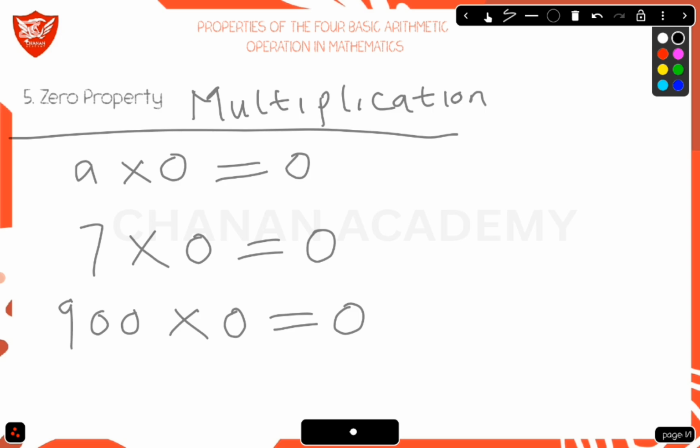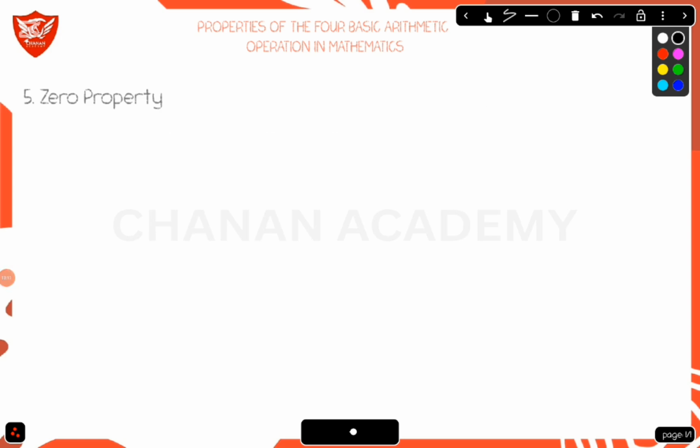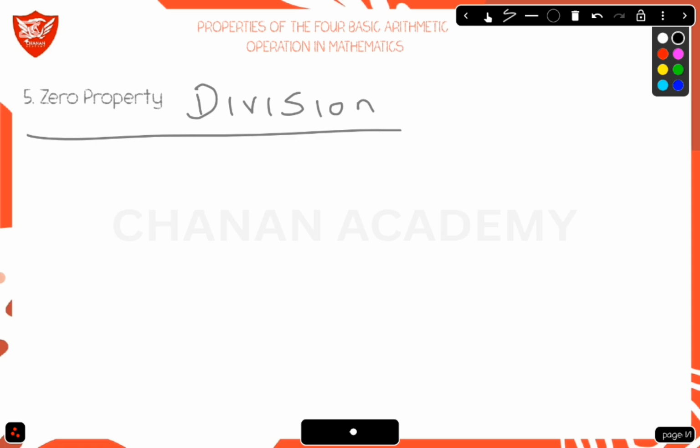Alright, so let's check the next one. Alright, so let's talk about the zero property of the division. So division, the zero property of the division is quite a bit different. So let's say a divided by 0.